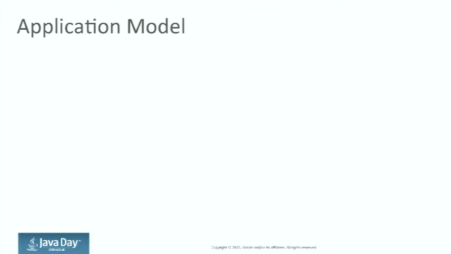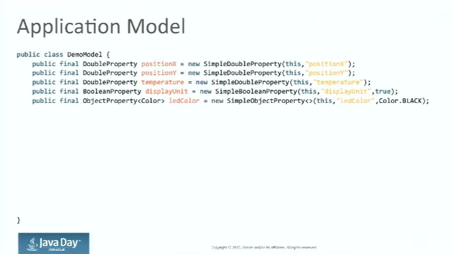Going on from that, the next thing we want to look at is how we describe those pieces of information. We have the position of the joystick, the color of the LED, and the temperature sensor. How are we going to describe those in our source code? Here I'm using properties. These are part of the JavaFX APIs that are part of Java 8.